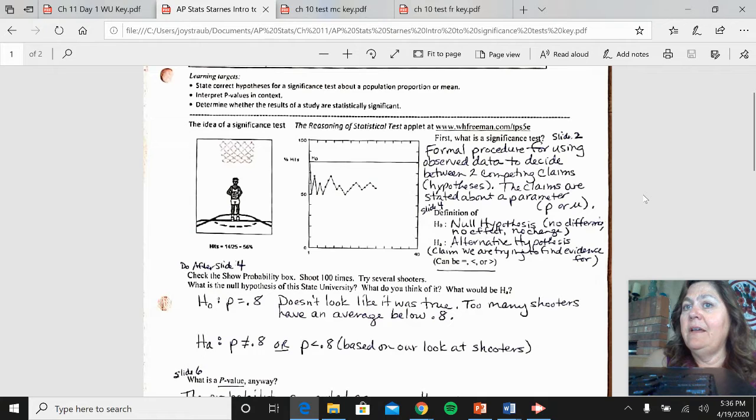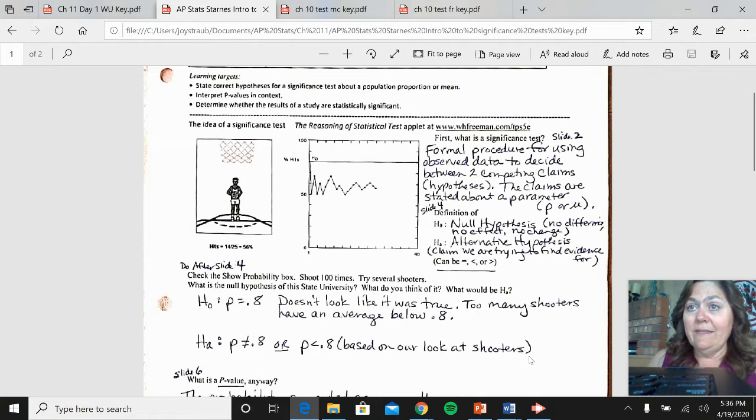All right. If you've come back after doing the applet, here's how I've written the H0 and the Ha. You'll see the H0 here is p equals 0.8. The Ha is p is not equal to 0.8. If you remember reading, that's called a two-tailed test. We'll talk about that. Or you could make it p less than 0.8, based on the look at the shooters I got.